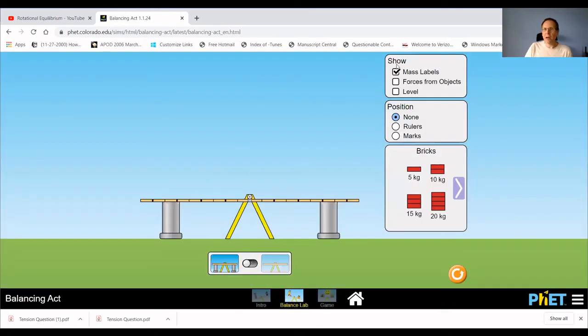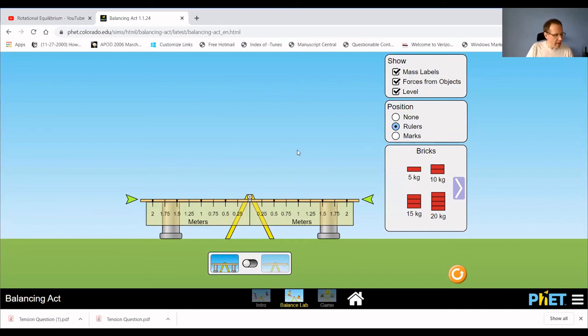So again, under show here, check all 3 of these and then make sure that the ruler is also turned on. Okay. So what I want you to do at first is on the left-hand side, place a 15 kilogram brick at 1 meter. So 15 at 1 meter, and a 20 kilogram brick at 0.5 meters. So 20 at 0.5.